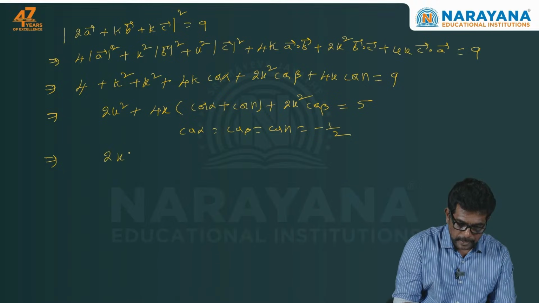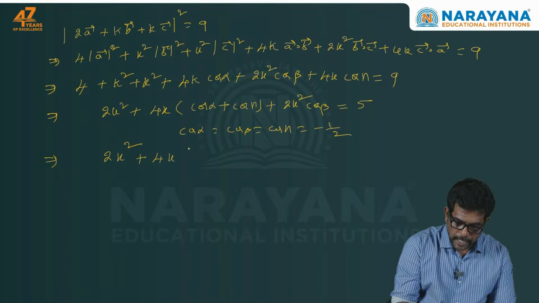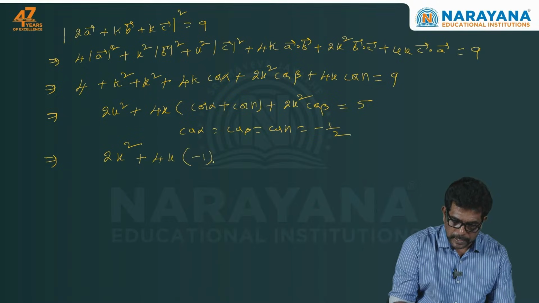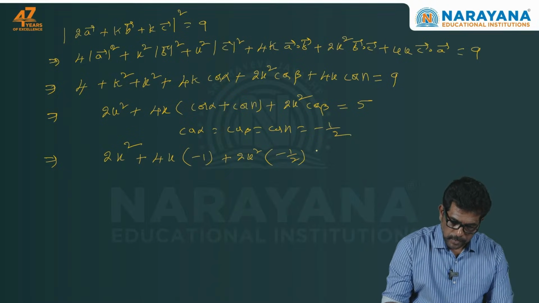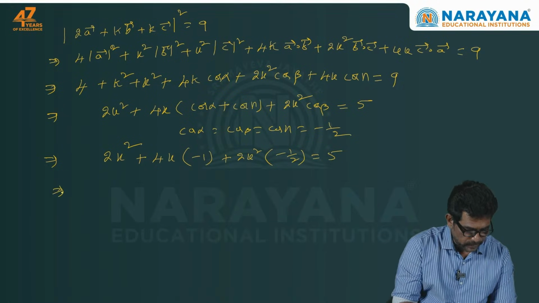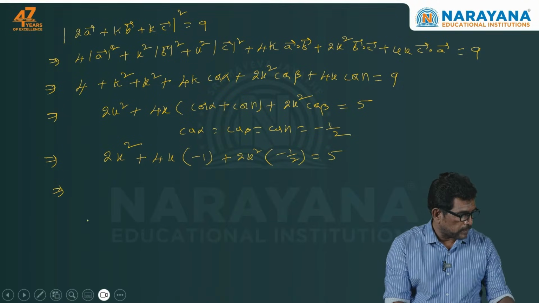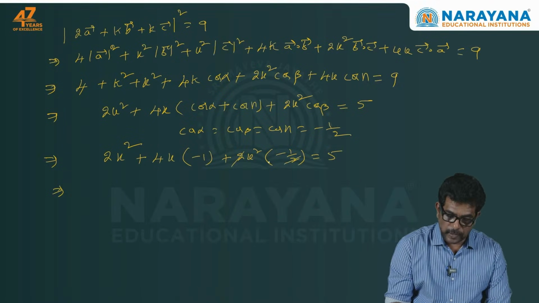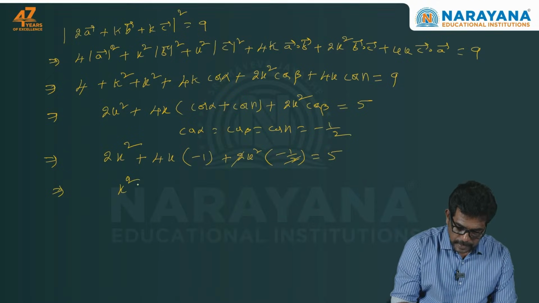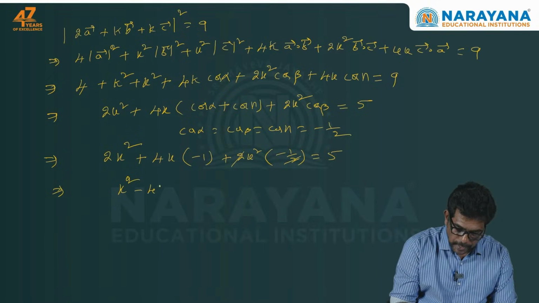We substitute here: 2k square plus 4k into minus 1 by 2 plus minus 1 by 2, minus 1, plus 2k square into minus 1 by 2 is equal to 5. By simplifying, 2k square minus k square becomes k square minus 4k minus 5 is equal to 0.